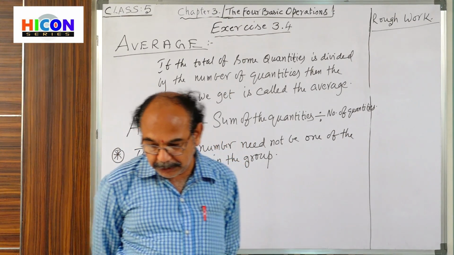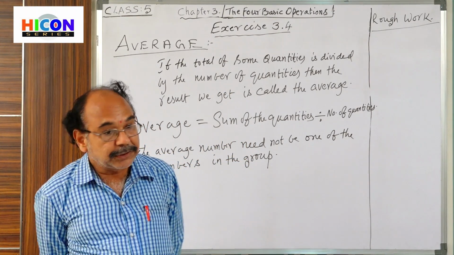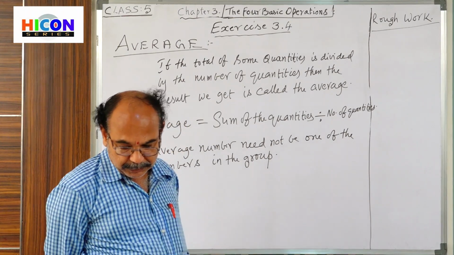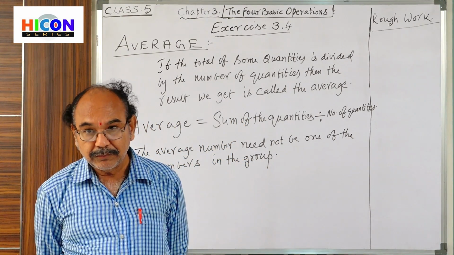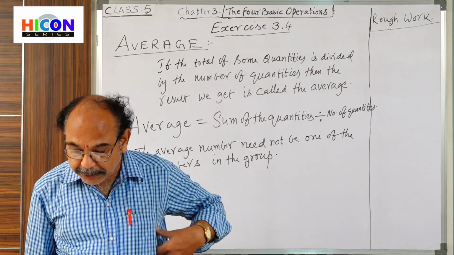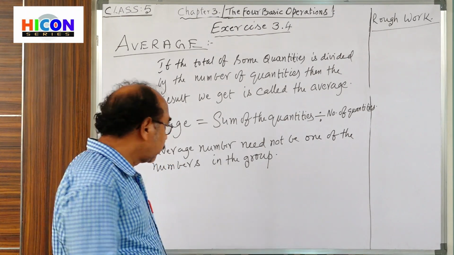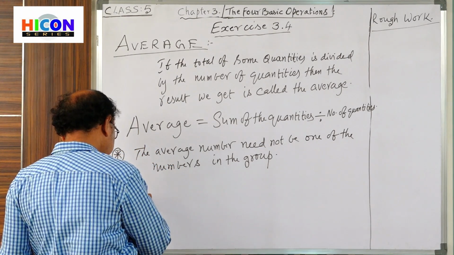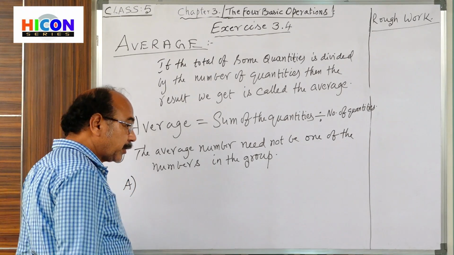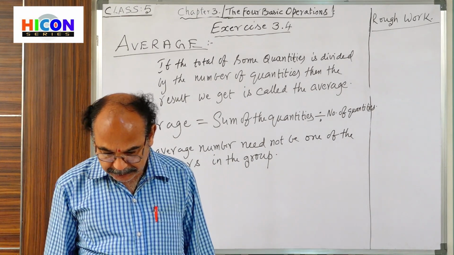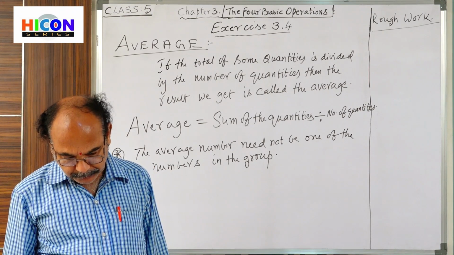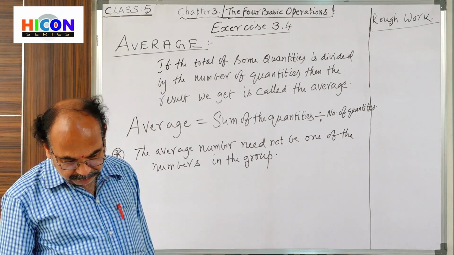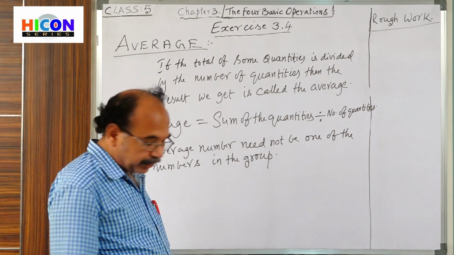Now you see in exercise 3.4, some problems were given to you for practice. Now in exercise 3.4 under section A, let us take one problem. Find the average of 14, 15, 21, 30.